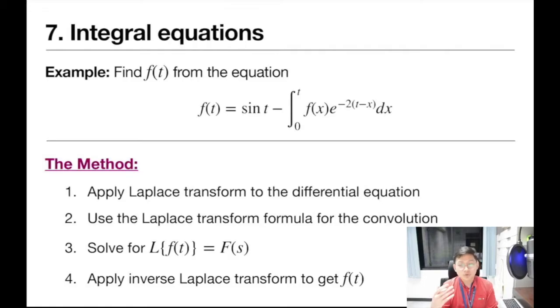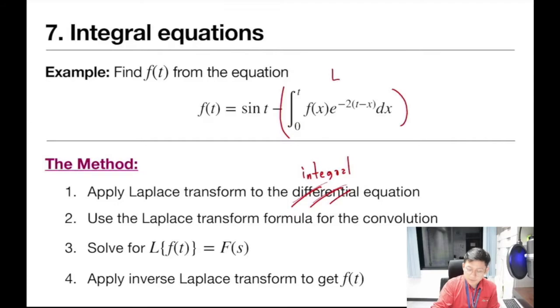To solve this equation, the method is first we apply the Laplace transform to the integral equation. I should change here from differential to integral equation, and then we use the Laplace transform. And here, for the Laplace transform of this guy, we need to use the convolution.